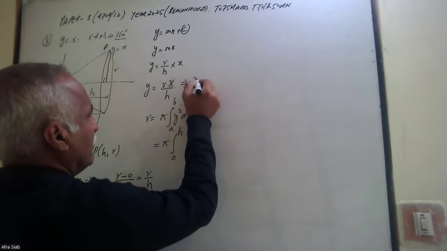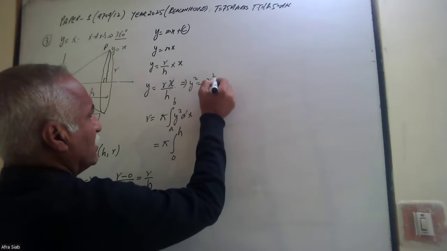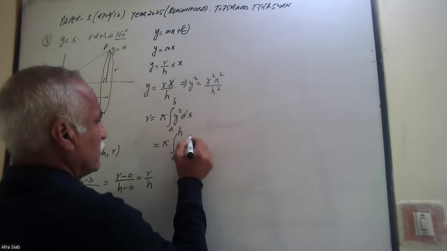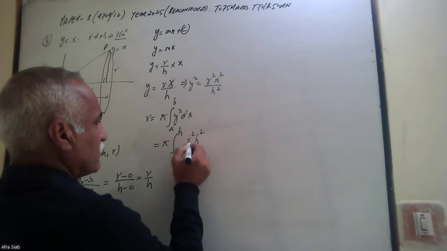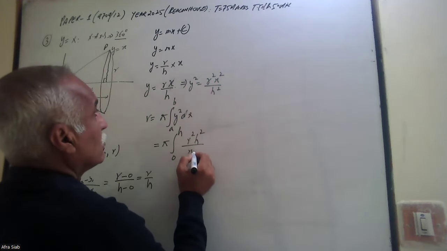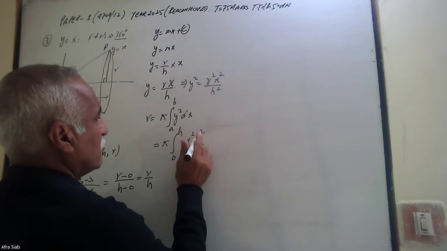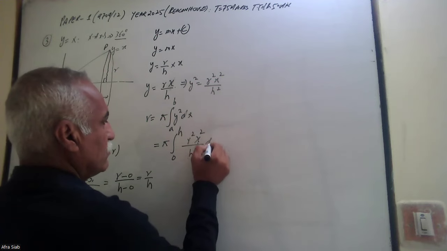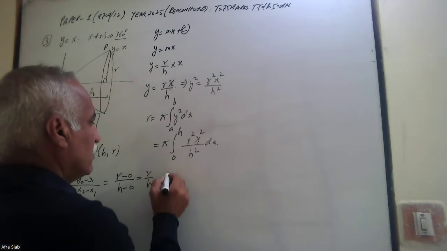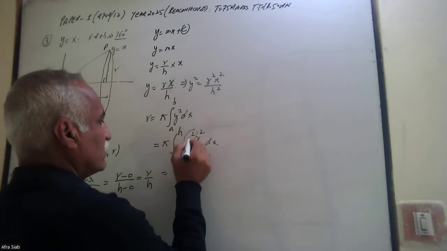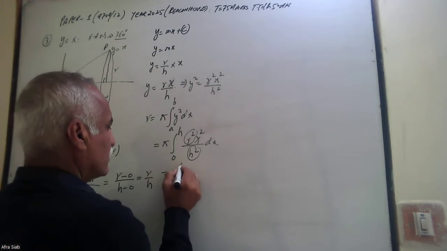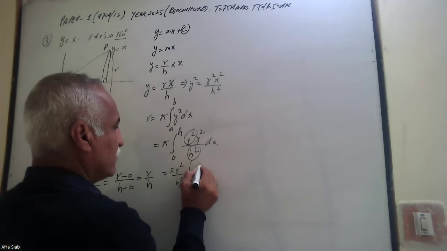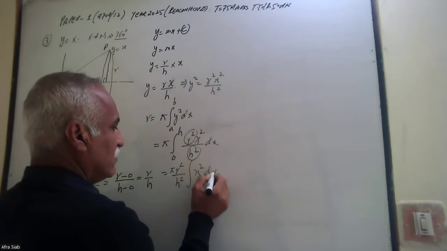So y square will be equal to r square x square over h square, dx. But r and h are constants, so they will be taken outside, and it is left with x square dx.